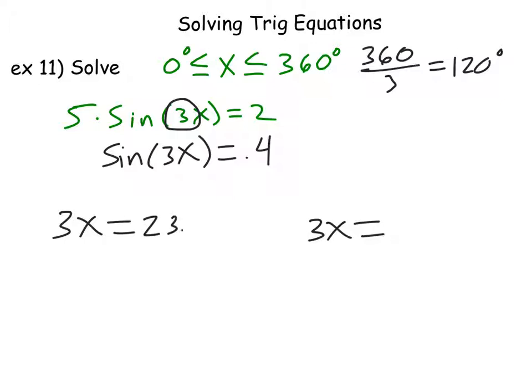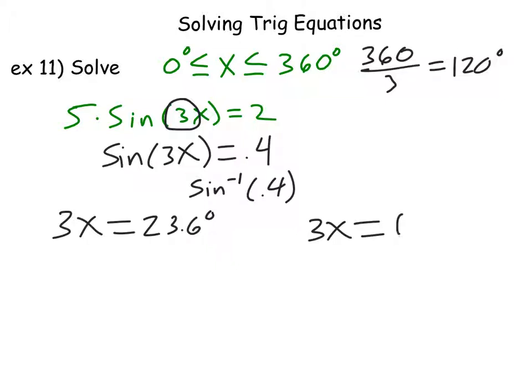Okay? 23.6 degrees if you do inverse sine of 0.4. That's what's going on at this point as we're solving. I would type into the calculator inverse sine of 0.4. I've got a sine value of 0.4, give me that angle.